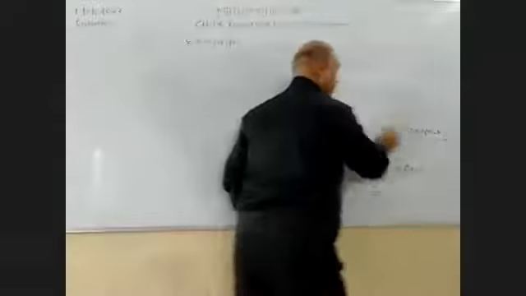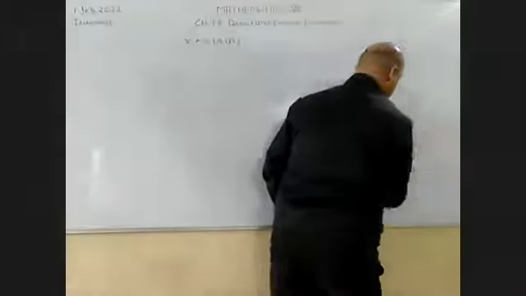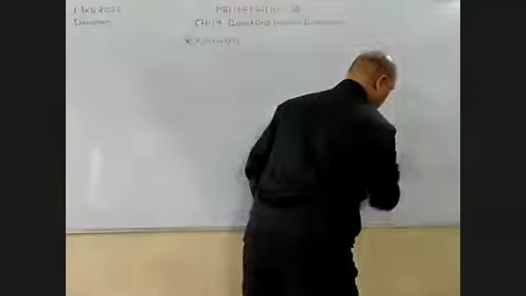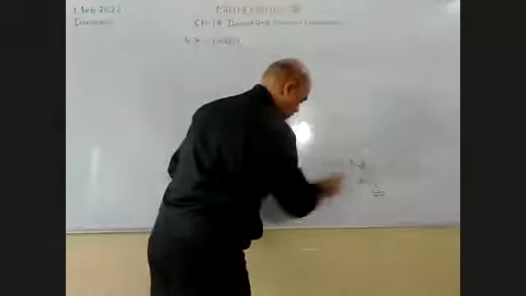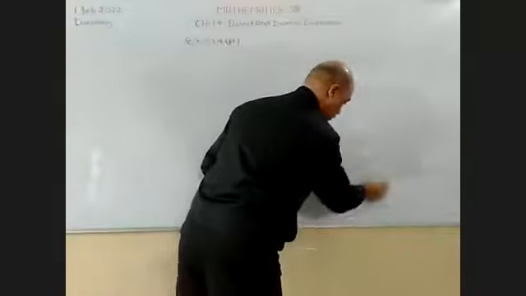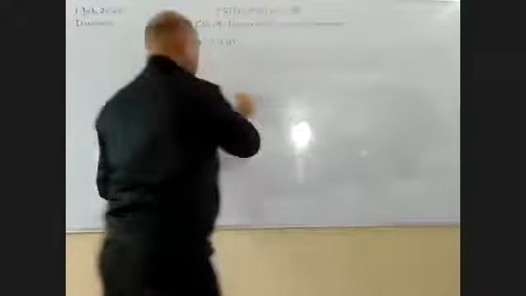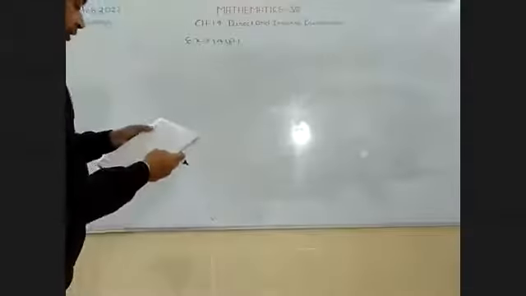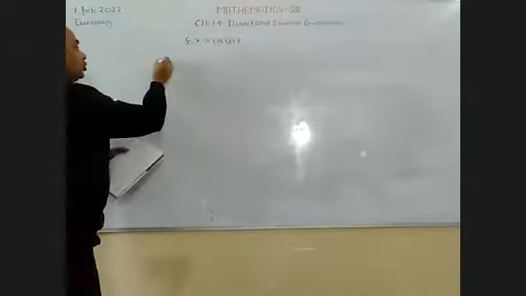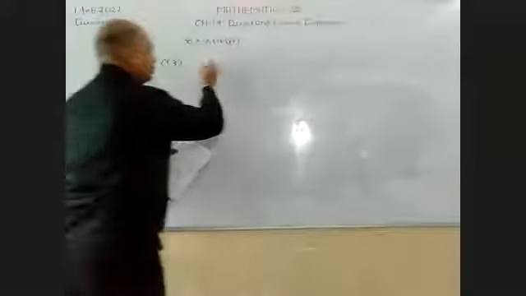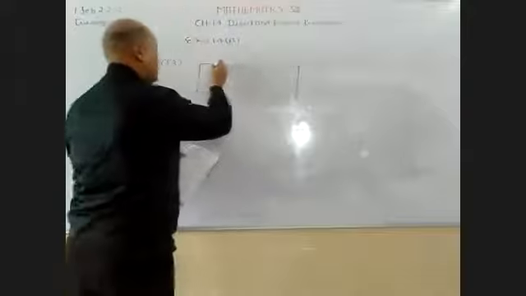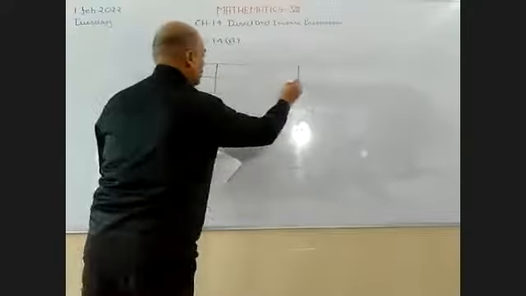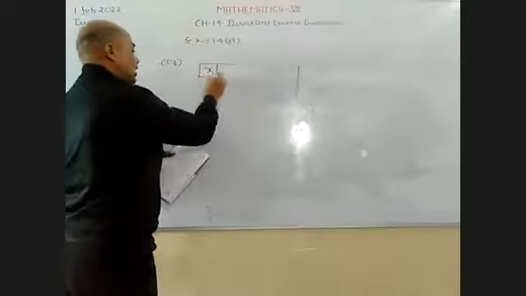Now check how to solve this question. In question number 3, it is given x and y are directly proportional. Find the value of a, b, and c. So this is your question number 3. Make one table first. x and y.